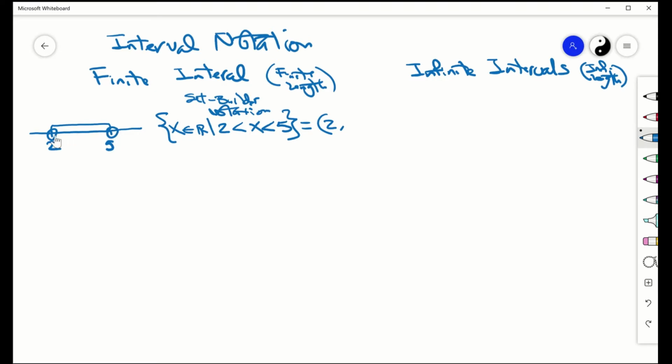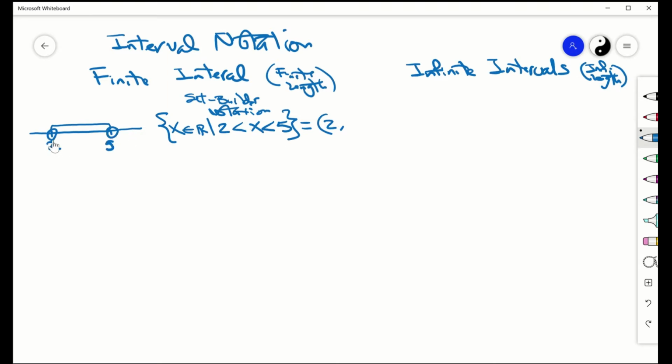These two are called endpoints. If an endpoint is included in the set we want to look at or describe, then we use a bracket on its side, right? If it is not included, we use a parenthesis. So here, an interval is just going to describe the beginning and the ending points.